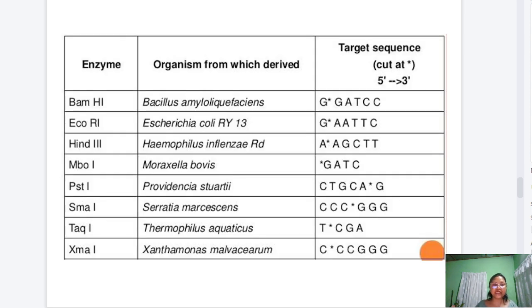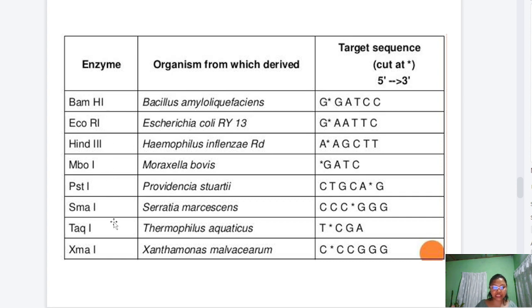So these are some examples, like BamHI, and the organism from which it is derived is Bacillus amyloliquefaciens. B stands for the name of the genus, am stands for the name of the species, H stands for the name of the strain, and I stands for the first to be discovered from this organism, and so on and so forth.